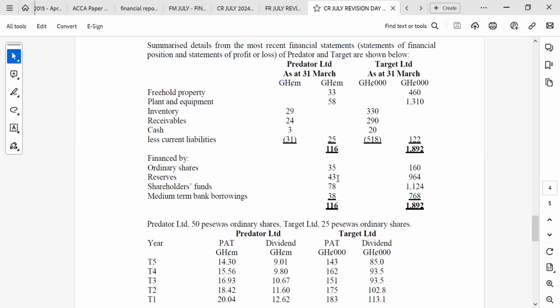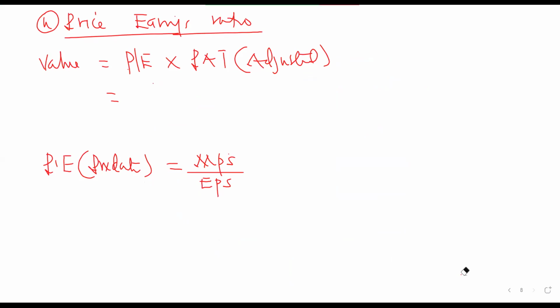So divided by 0.5, I'm having 70 million. Okay, so their number of shares is 70 million. Their earnings per share will be the recent profit, which is 20.04 million, divided by 70 million. What will be the earnings per share?